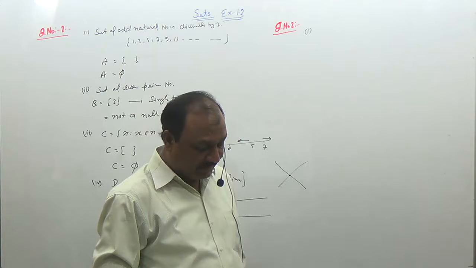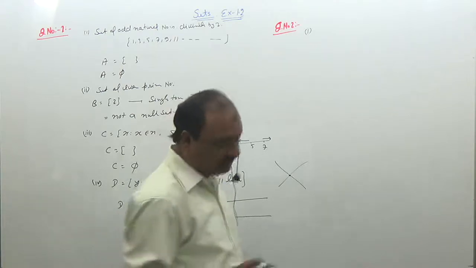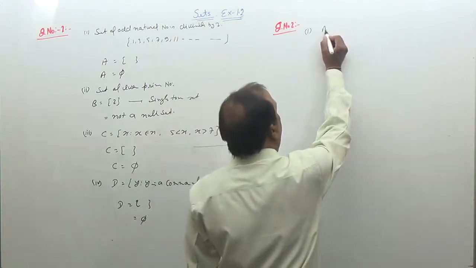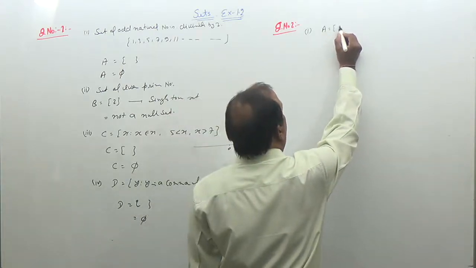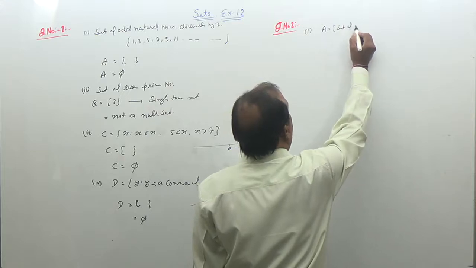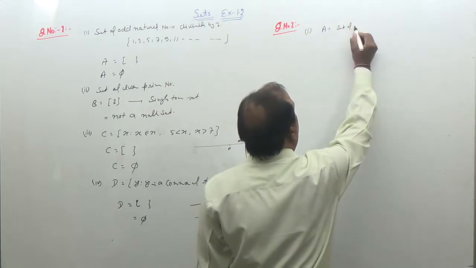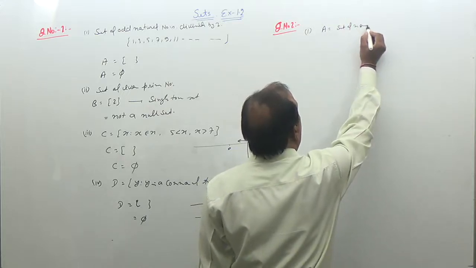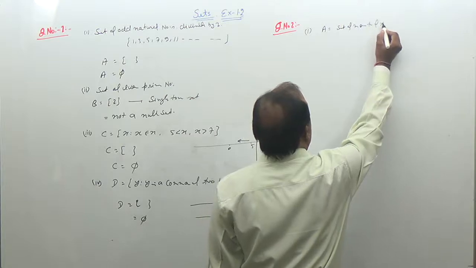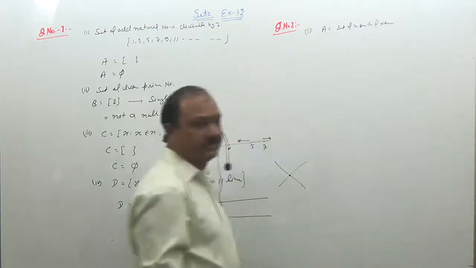First example is the set of the months of the year. Let us suppose A is a set of months of a year.